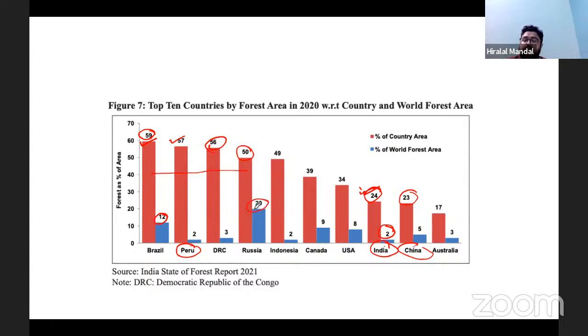Russia accounts for 20% of the world's forest area, whereas India accounts for 2% and China accounts for 5% of the world's forest area. Okay, so that's what you can see when it comes to percentage form.